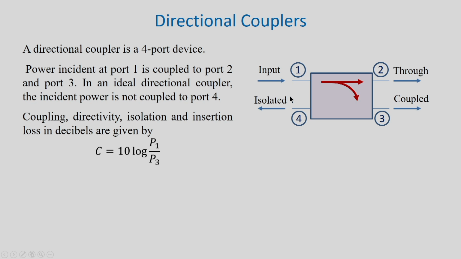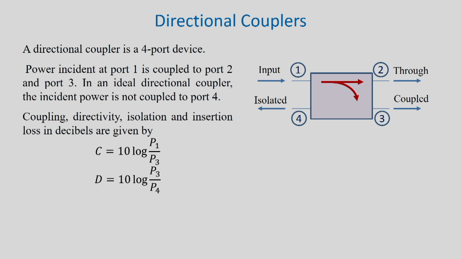That means, we take the ratio of the input power and coupled power in port 3, and when it is expressed in dB, we get C is equal to 10 log P1 by P3.